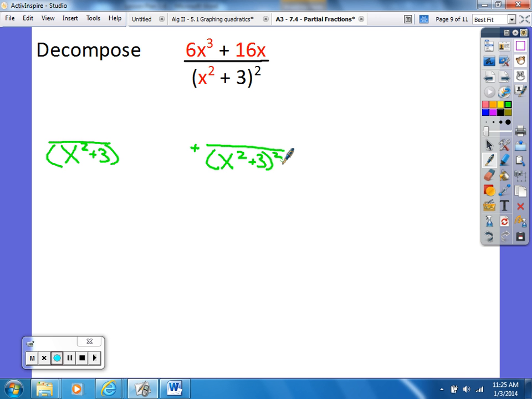Right. Now, since this is a squared, what do I have to put on top? Because this has a square, so I have to go one below it. Does that make sense? So this has a square. What's one below a square? Just a regular.